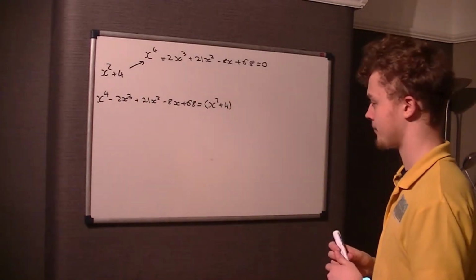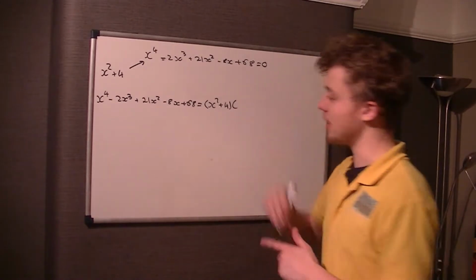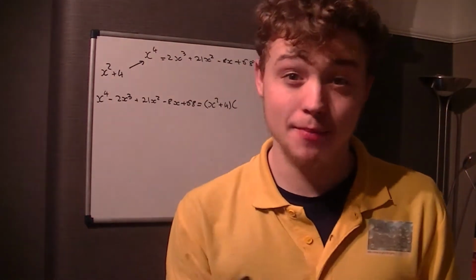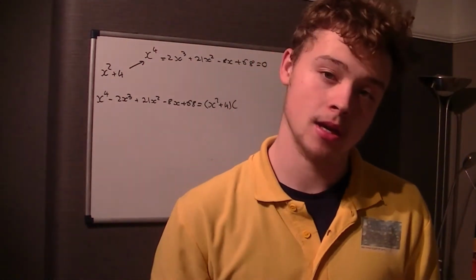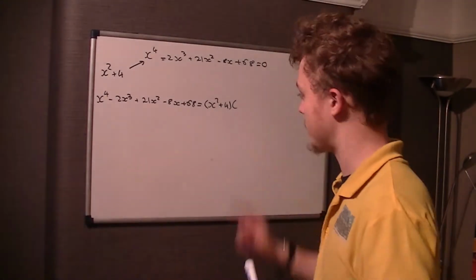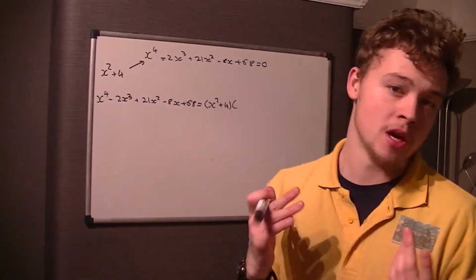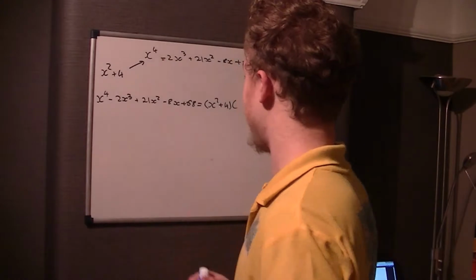Now, going back to what I said before, if you times two quadratics together, it will get you a quartic. Now that is obviously a quadratic. When you factorise that quadratic, the x is cancelled out, so that's x squared plus 0x plus 4. That is a quadratic, but they just missed out the 0x because there aren't any x's, so they didn't include it.